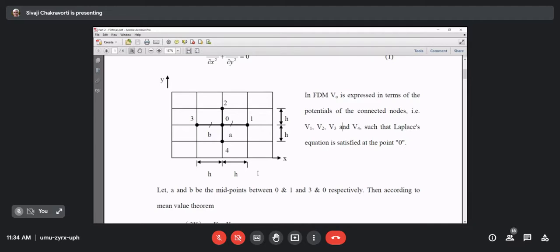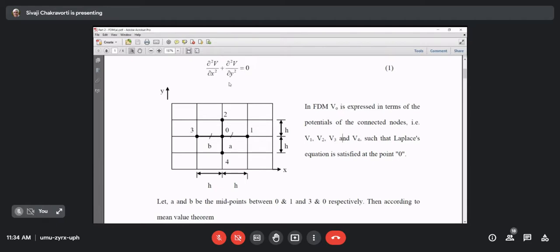So it is quite obvious that since potential distribution is linear between the two nodes, the potential of node 0, let's say it is V0, must be related to V1, V2, V3 and V4. No doubt about it. Now what is that relationship? Of course, satisfying the Laplace's equation. Can I find it? That's what our target is.